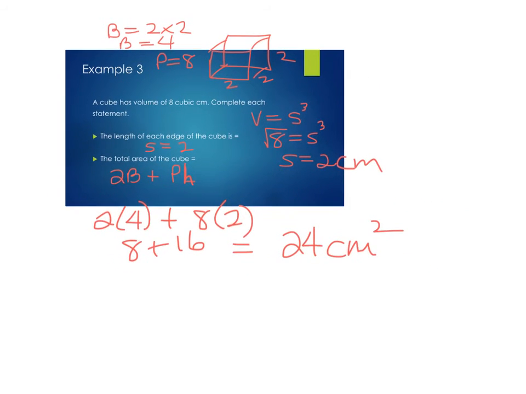Another way that you might see the surface area of a cube is 6 times side squared. If you know the side length, just square it and multiply by 6, because all 6 faces are the same.